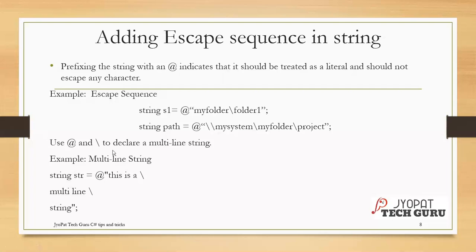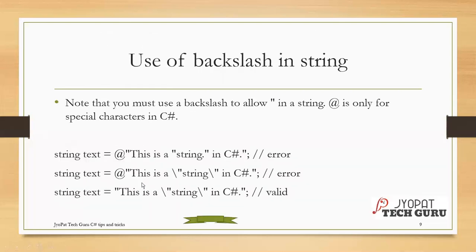Use @ or backslash to declare a multi-line string. If you are going to store any number of lines within a string, you use @, and you can also use the combination of backslashes. So @ double quotes, this is a backslash multi-line backslash string. If you want to continue the sentences, you can always give the backslashes.